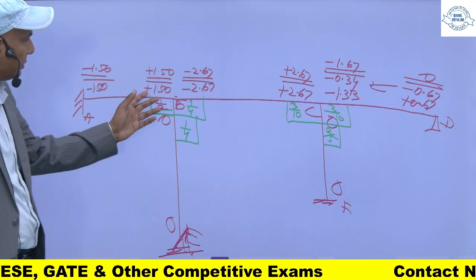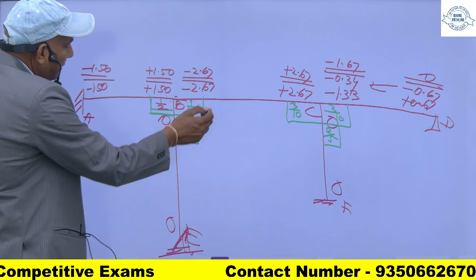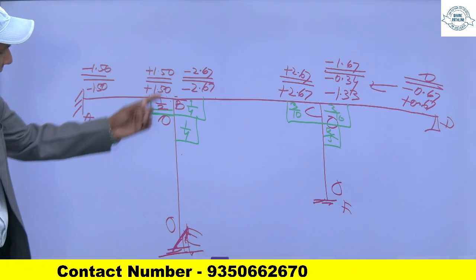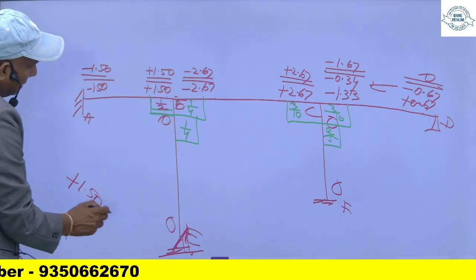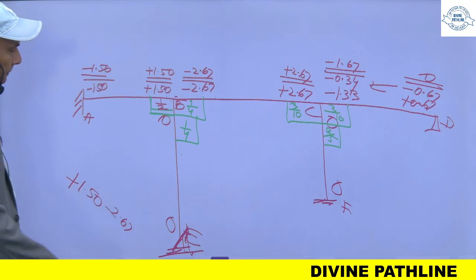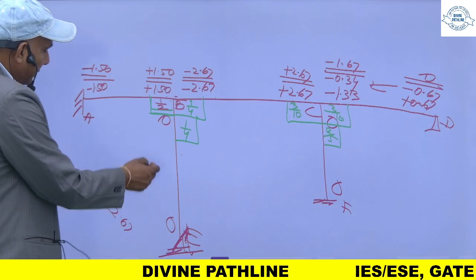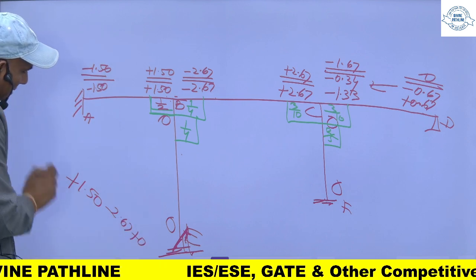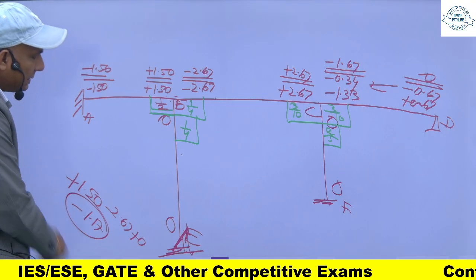Now if you see at this joint, the sum of this moment plus the sum of this plus the sum of this must be equal to 0. So the sum of this is plus 1.50 and minus 2.67. This one is 0. So it means it will be minus 1.17. This much moment is unbalanced.